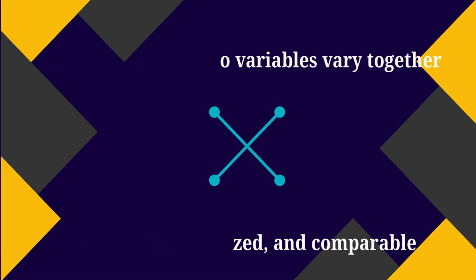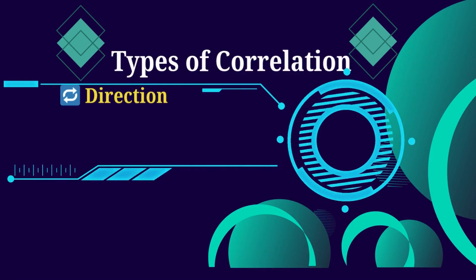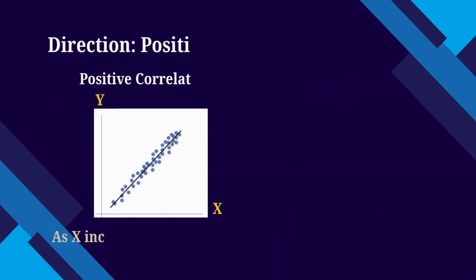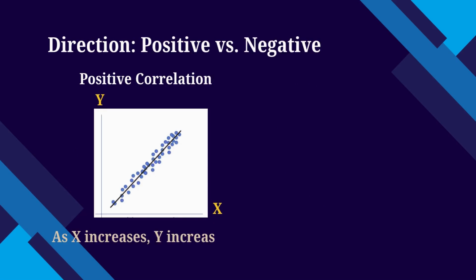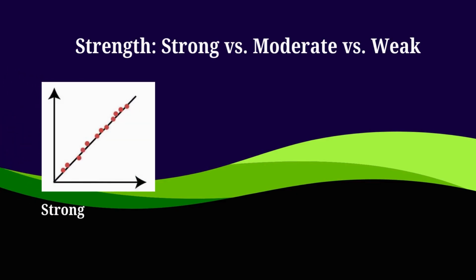Let's look at different types of correlation, which help us understand how variables may relate based on direction, strength, and form. A positive correlation means both variables move in the same direction. As one goes up, the other tends to go up too. Negative correlation means they move in opposite directions. One goes up, the other goes down. Strength refers to how closely two variables move together. When points on a scatter plot form a tight line, that's strong correlation.